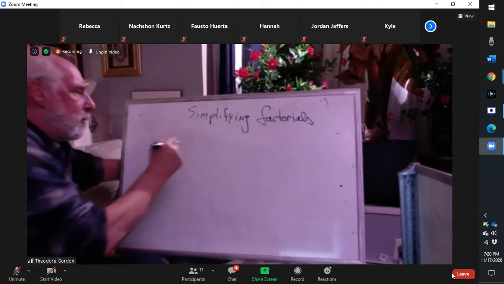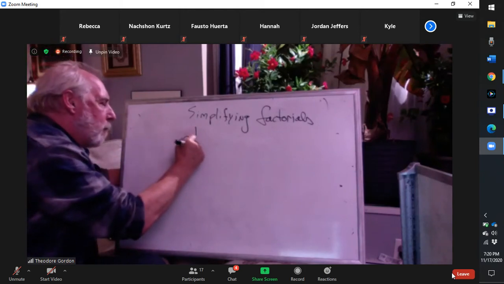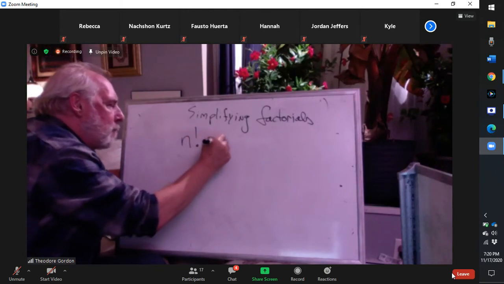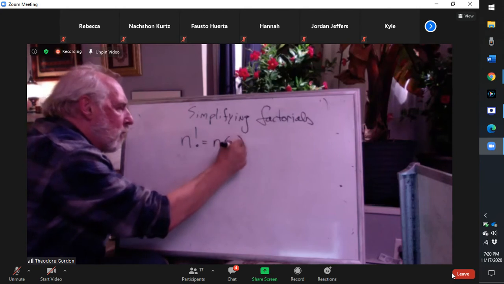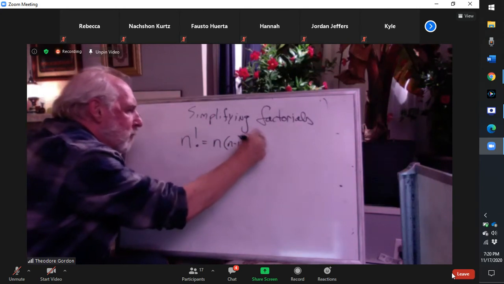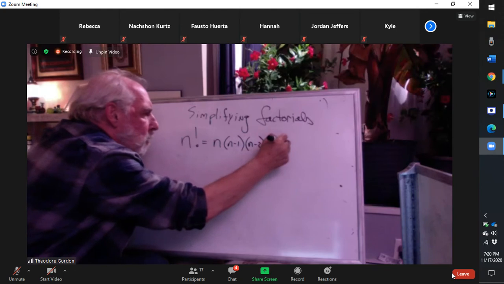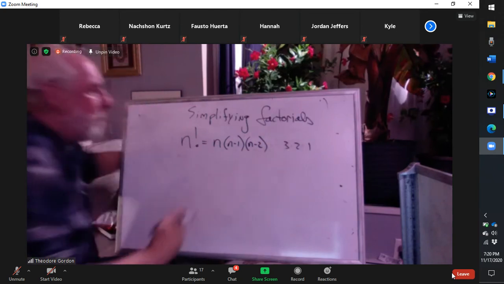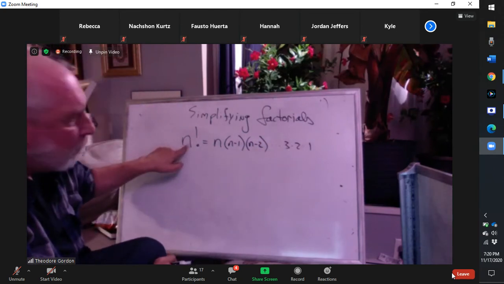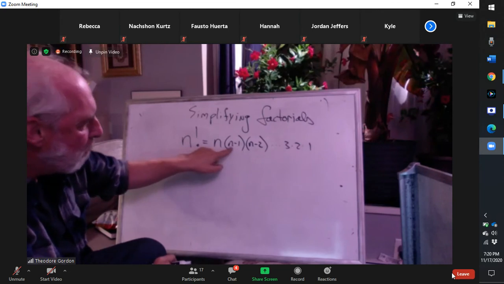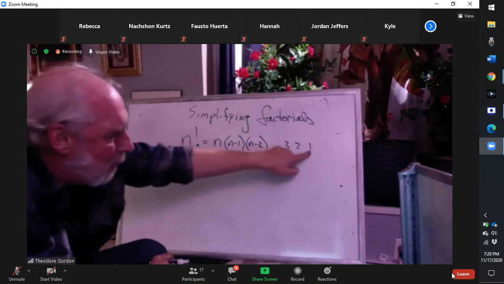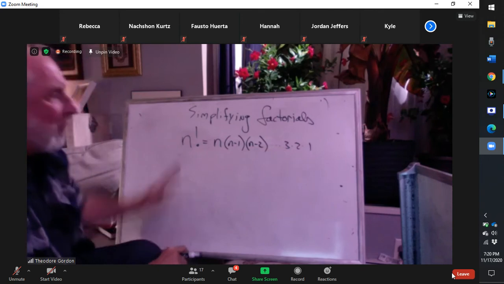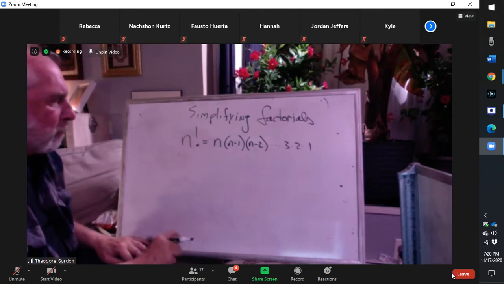So the definition of factorial, n factorial is equal to n times n minus 1 times n minus 2 times 3 times 2 times 1. You start with a whole number and you multiply every number reduced by 1 all the way down until you hit 1. That's kind of the definition of a factorial right there.